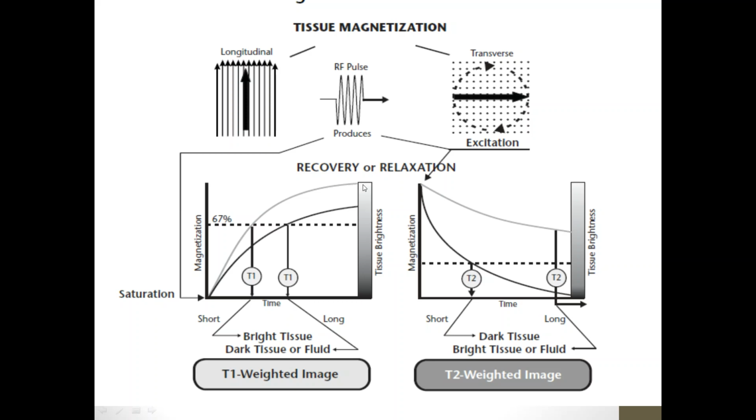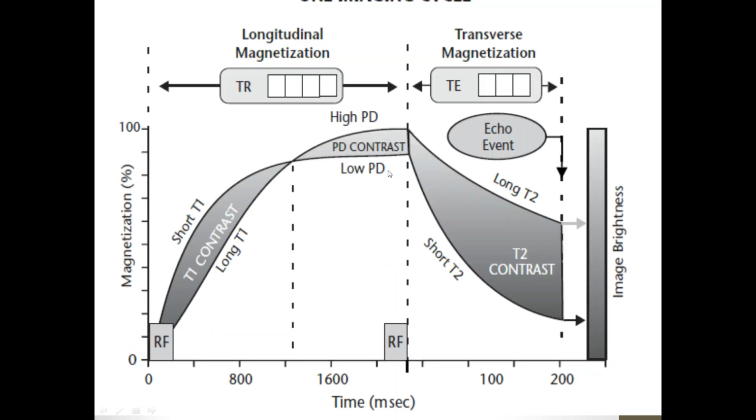But here at very long TR, if we wait for a very long time for the T1 sequence, the difference will be very low. So we will select the parameters which enable us to get the image depending on the number of protons only. So we will use short TE and long TR.